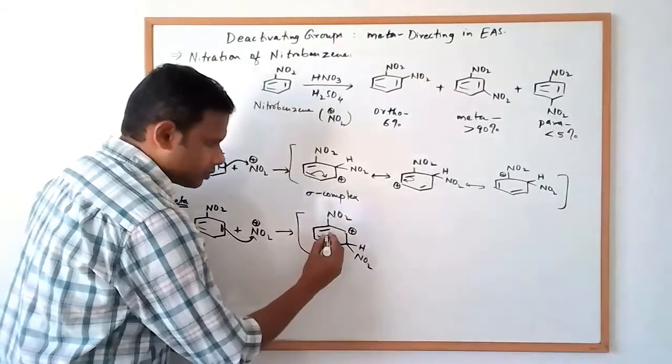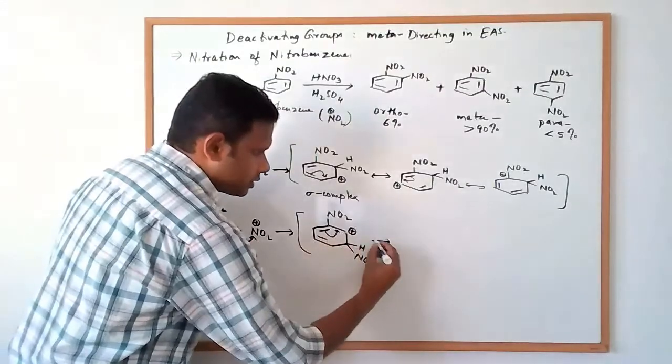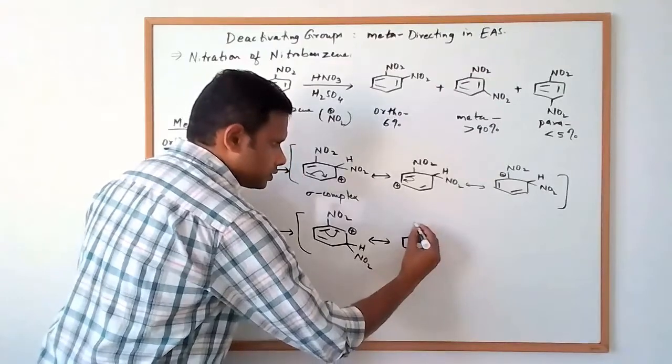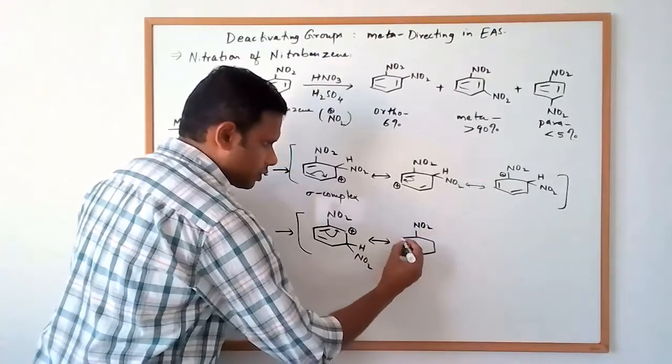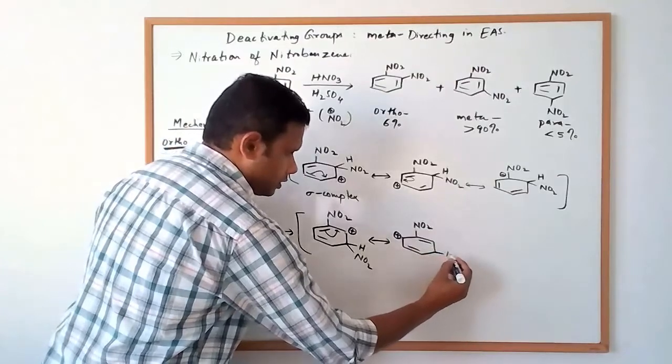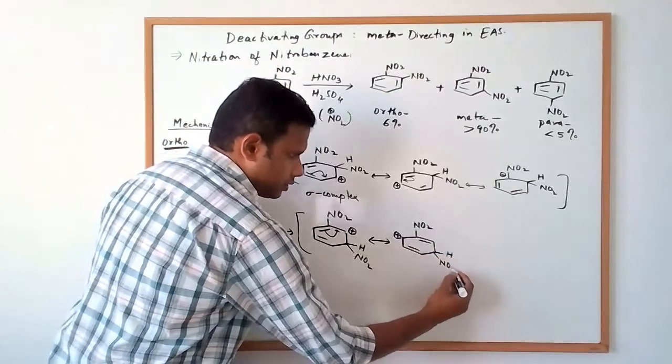And again, the sigma complex is resonance stabilized. So we can draw resonance forms for the sigma complexes here. Double bond, H and nitro.